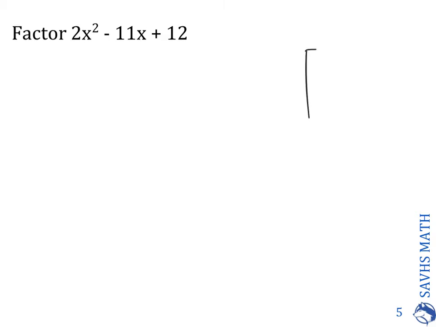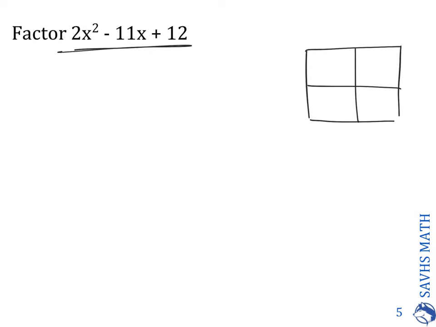So here's what I'm thinking. In my box method multiplication, if I was going to get this as my answer, somehow this 2x squared has to show up in that box, because this box is the only box that has a like term with itself. So this has to match this.